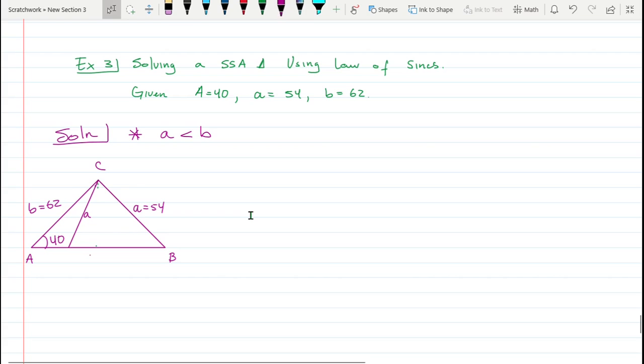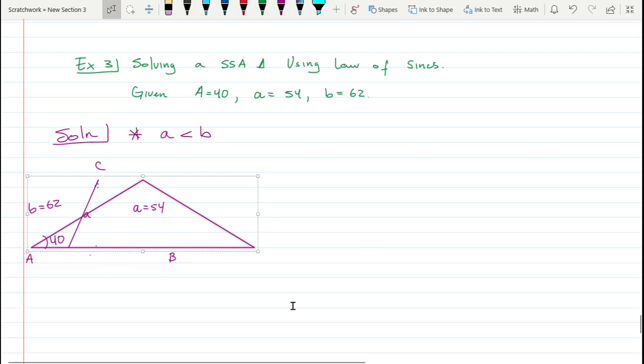If we make the triangle a little bit larger, I think it's going to be better for us to see it.